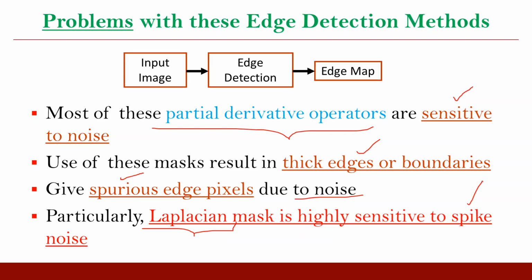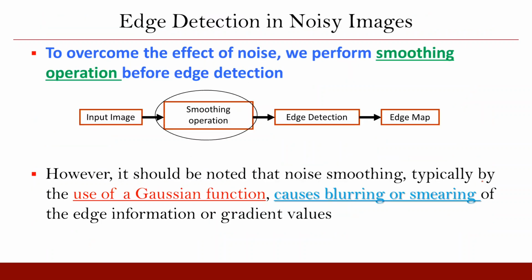So what to do if your images have noise? To perform edge detection in noisy images, what is the solution? The solution is simple. We first remove the noise, and then we perform the edge detection. How to remove the noise? One or two classes back, we studied a smoothing operation, which is used for removal of noise.